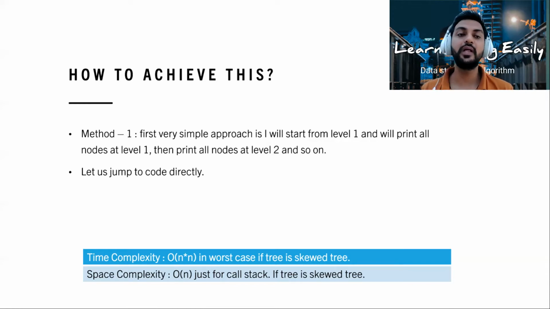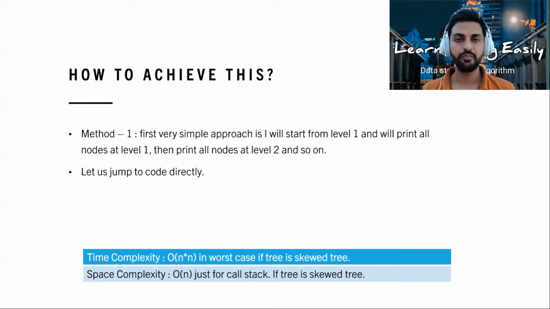When I was planning to upload the video on level order traversal, I thought people should know these two things before coming to this question. That's why my previous two videos are the height of the binary tree and how to print nodes at the given level. I will always try that you understand things one by one, and it will make things very easy for you if you follow my series in the proper way.